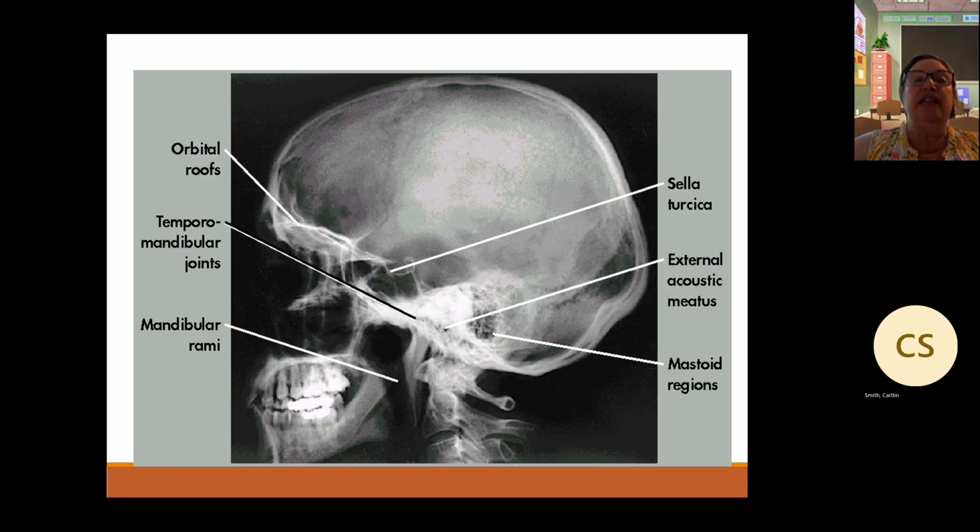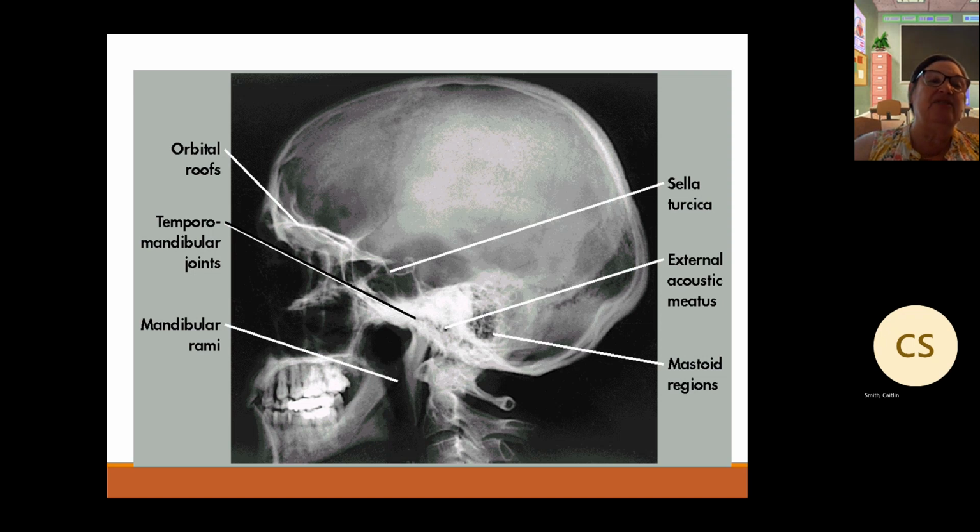So when you look at a lateral skull, you look at the orbital roofs here to make sure they're superimposing. The whole back of the skull should look like one line. And when you look in here at the sella turcica, it should look like one line. If the chin is down too much, then the orbital roofs will separate.